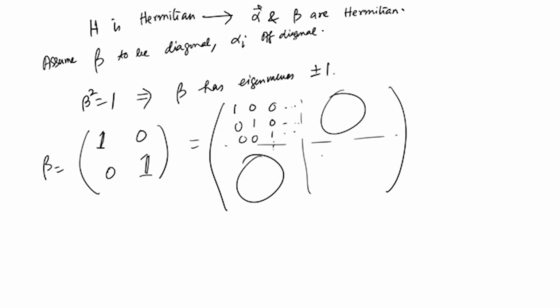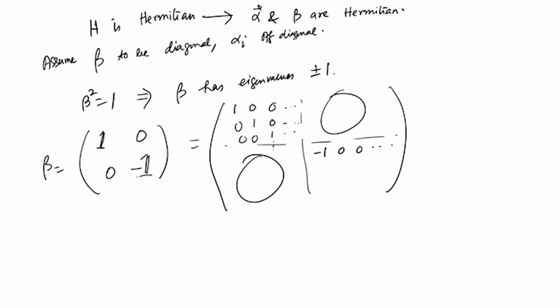Basically we can choose this not as 1, but as minus 1, and then we have a minus 1 0 0 and so on. It is still diagonal, of course, but with 1 1 it becomes an identity matrix which will commute with everybody. So, that is not a possibility.